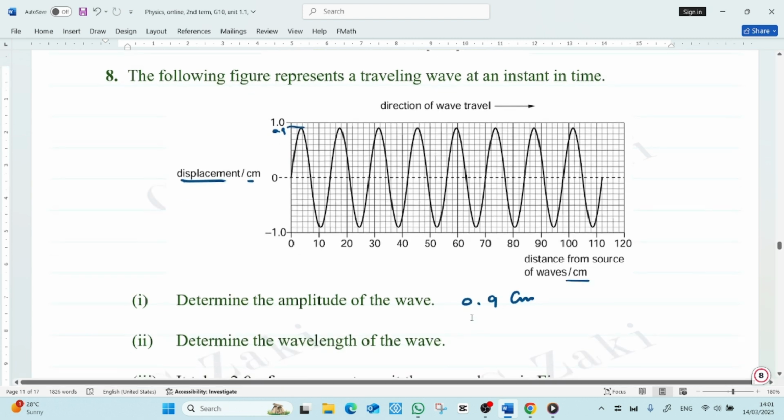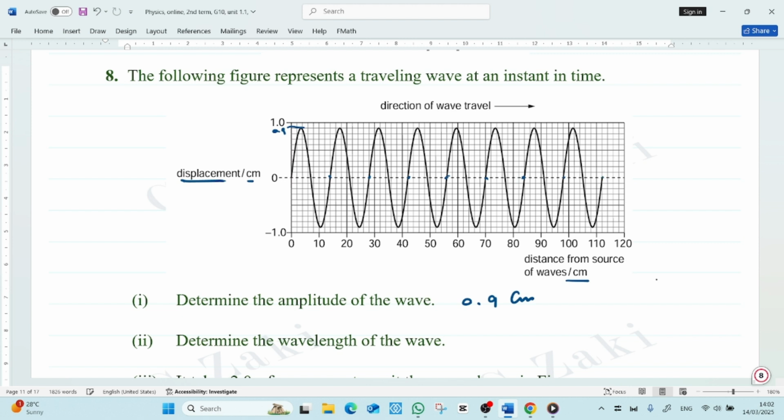Now, next part, the wavelength. How many waves do we have? Count with me: 1, 2, 3, 4, 5, 6, 7, 8. There are 8 waves. What is the total distance of 8 waves? You can see here this is 10, then each dash is 2.